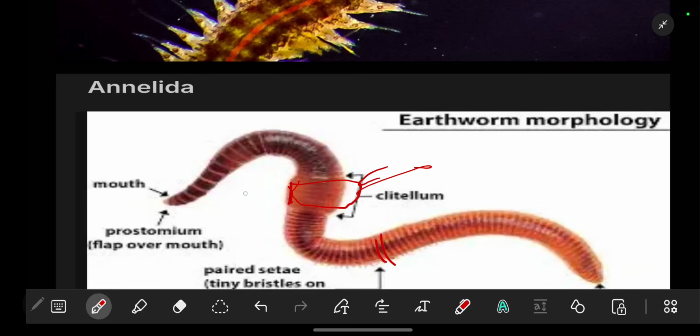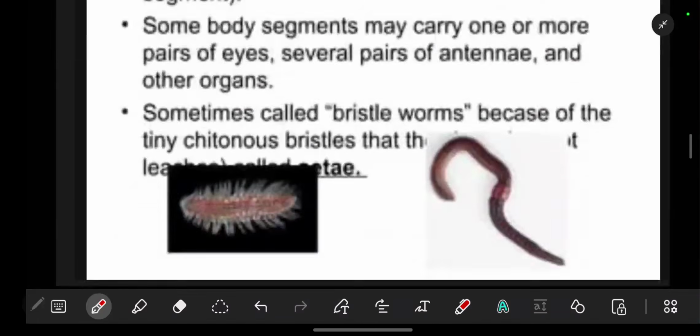Now what they mostly do is that they will fuse with another earthworm like that and store the sperms that the other earthworm has. It's more like they will exchange the sperms, and then those sperms will fertilize the other by introducing the female part like that. So that is how it works. That is hermaphroditic, a very important term.